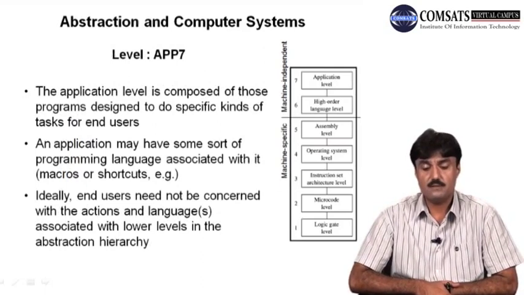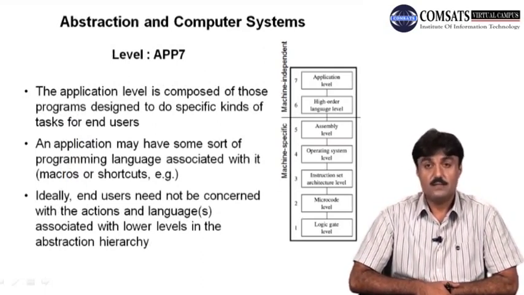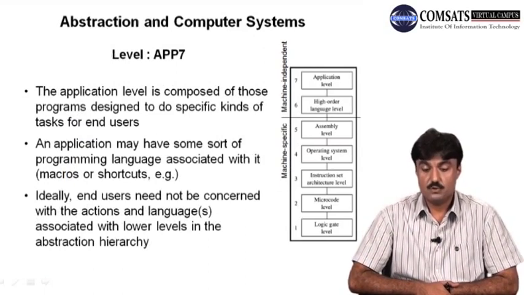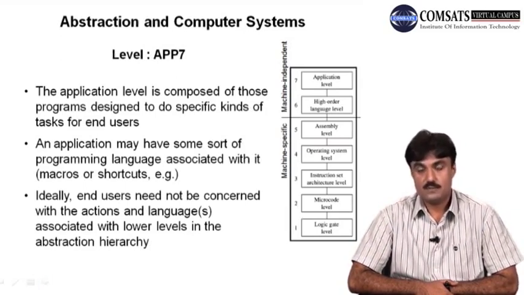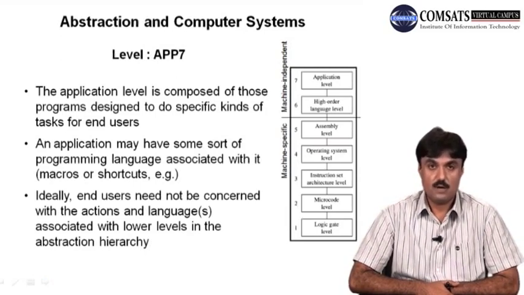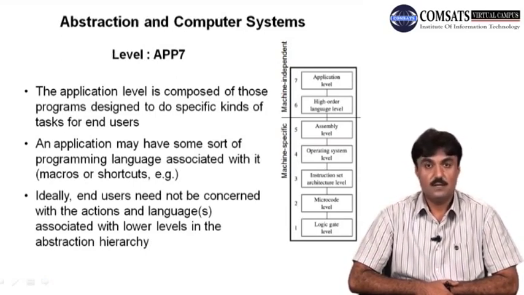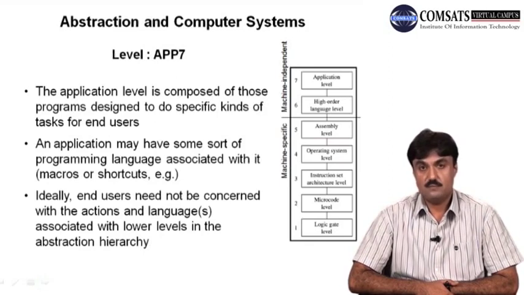Now at the application level, or level number 7, this level is composed of programs designed to do specific kinds of tasks for end users, like simulation programs, programs for banking, finance, and simple programs which we write for databases, and so on.